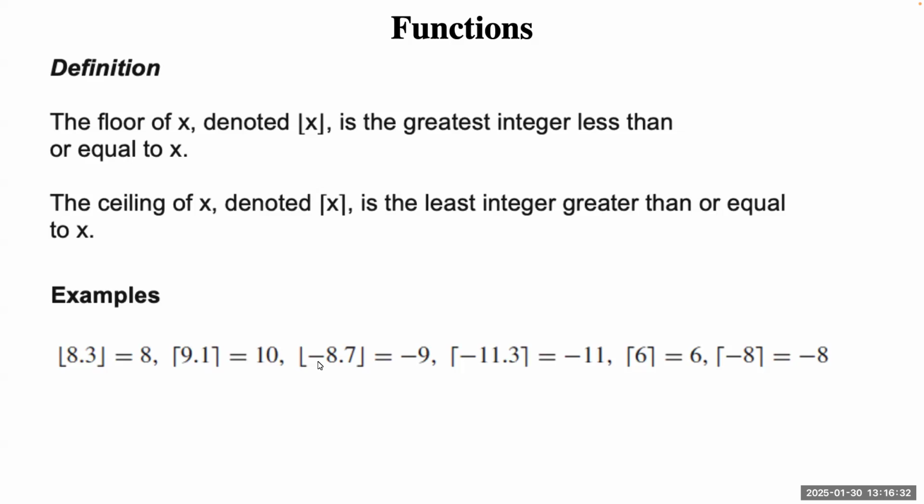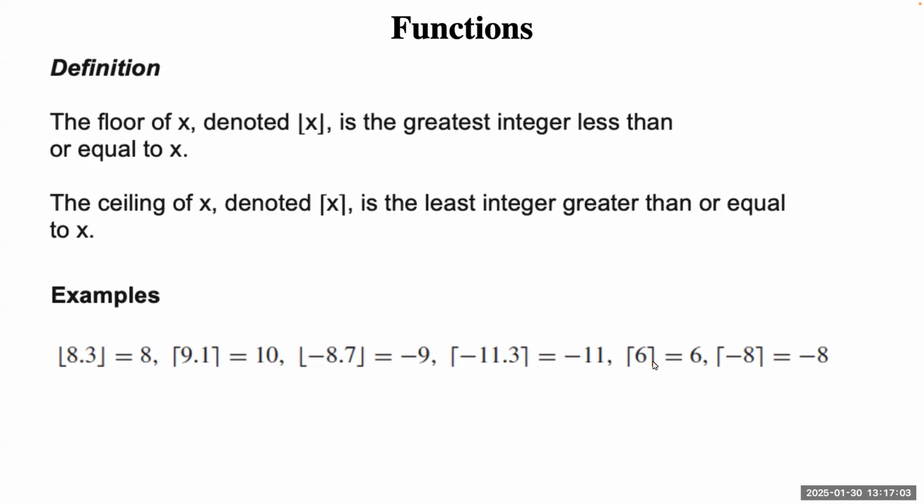The floor of negative 8.7 is negative 9, because the largest integer smaller than minus 8.7 is minus 9. Remember, minus 9 is smaller than minus 8.7. The ceiling of minus 11.3 will be minus 11, because again, the smallest integer bigger than negative 11.3 is negative 11.